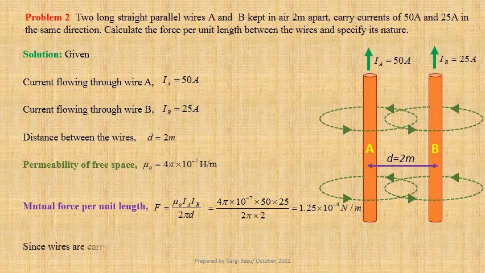Since wires are carrying current in the same direction, the resultant magnetic field is weaker in the space between the wires. Therefore, force between them is attractive.